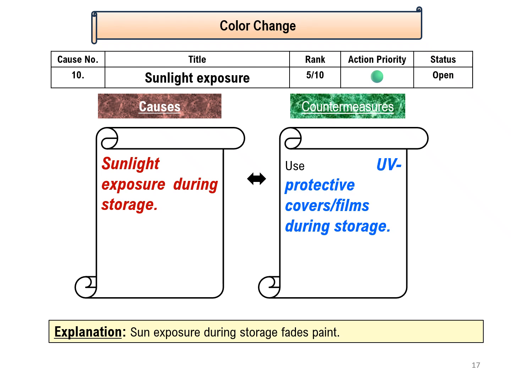Number 10. The tenth reason for color change could be sunlight exposure during storage. Sun exposure during storage fades paint. Therefore, use UV protective covers or films during storage.